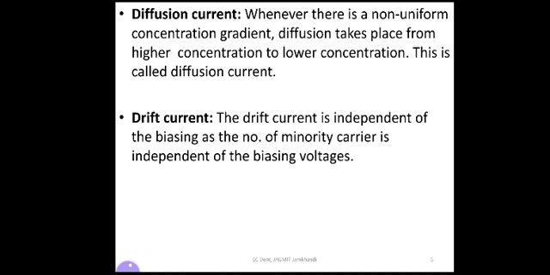The diffusion current is composed of majority carrier electrons on the n side, surmounting the potential energy barrier to diffuse to the p side, and holes surmounting their barrier from p to n.